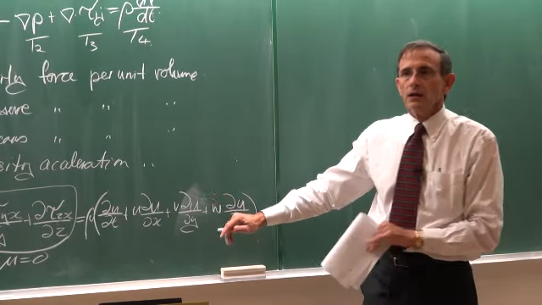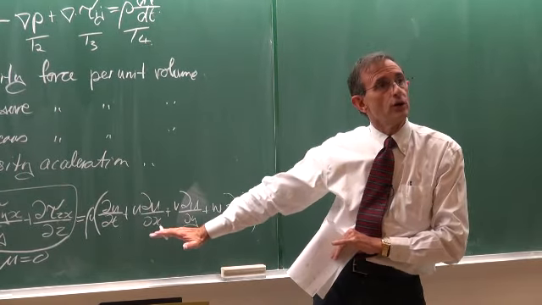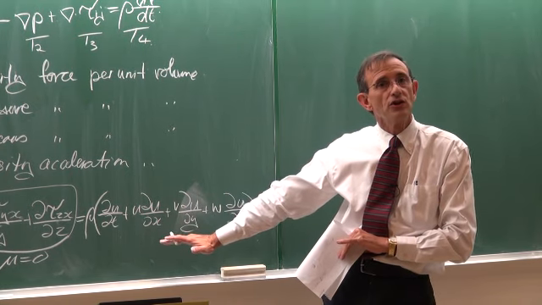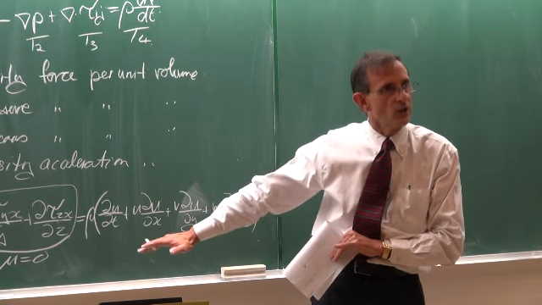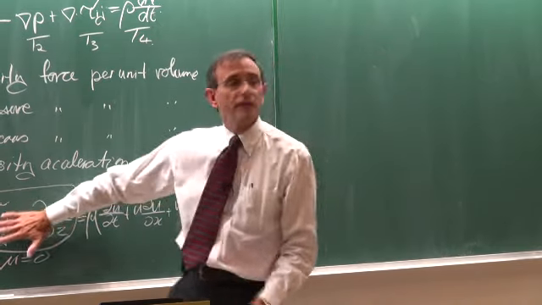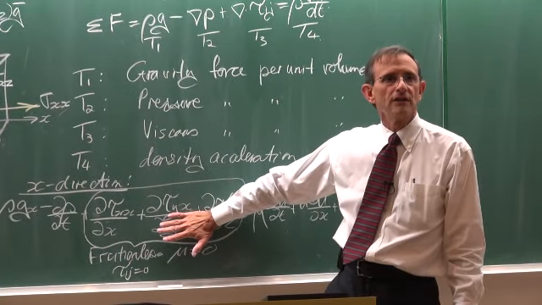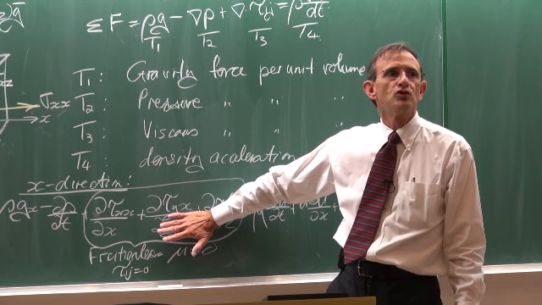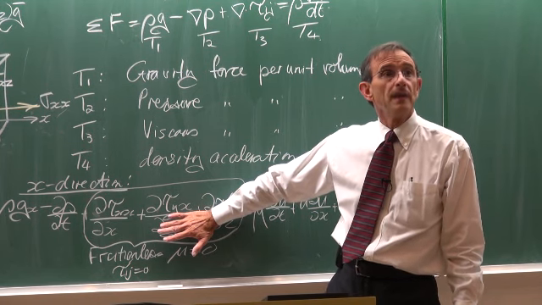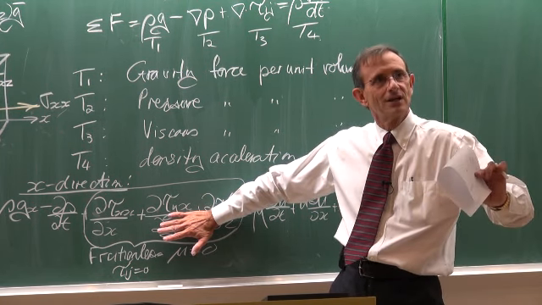Now this equation was also used to derive the Bernoulli equation. That was the first assumption that was made: viscosity is equal to 0. After that there were many more assumptions.